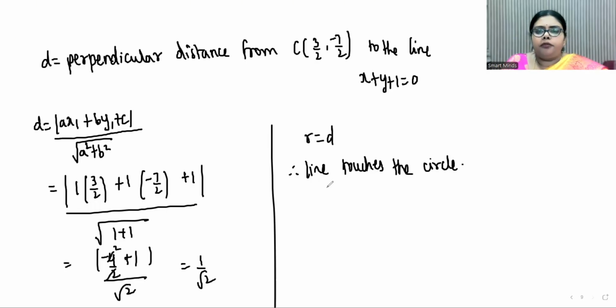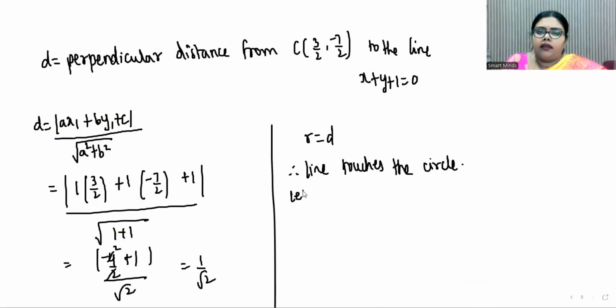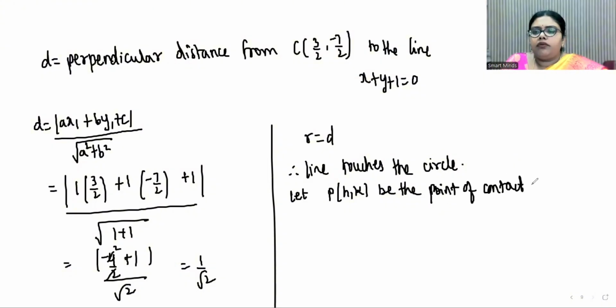Now, after proving that the line touches the circle, we need to find out the point of contact. Let's say this is P. Let P, h comma k be the point of contact. Now, if you look at the figure, you can see that P is the foot of the perpendicular.